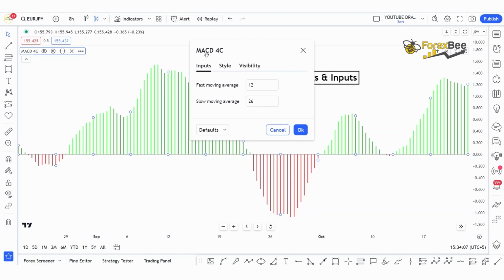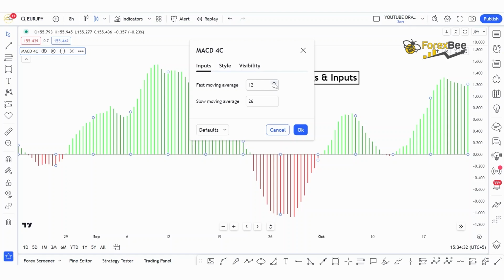As the name MACD forex suggests, it is a moving averages indicator. So it uses moving averages for its calculations and draws these calculations in the form of a histogram. It uses two types of moving averages. One is the fast moving average, which is based on 12 lines, while the slow moving average is based on 26 lines.